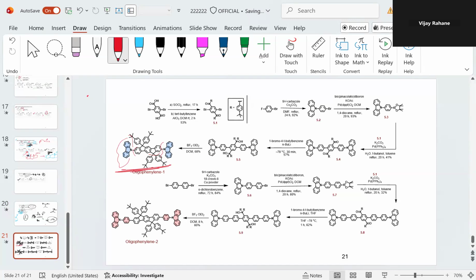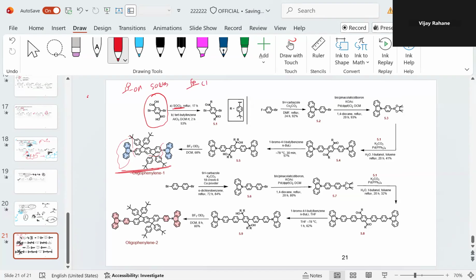I started my synthesis with this acid. When we treated this acid with SOCl2, it converted into the corresponding acyl chloride. So this is the first step, the acid to acyl chloride conversion.